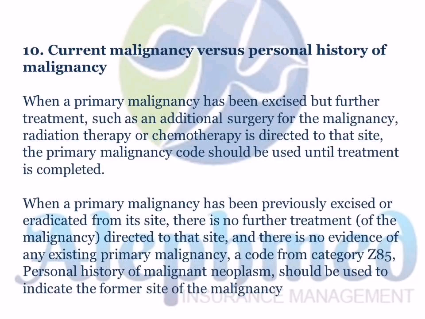In the second scenario, if the primary malignancy is already excised and no further treatment, surgical or medical, is directed to that particular site, and there is no evidence of an existing primary malignancy, then we can use Z85, personal history of malignant neoplasm, specifying that particular site. We can use it as the principal diagnosis. So these are the differences between the two types.